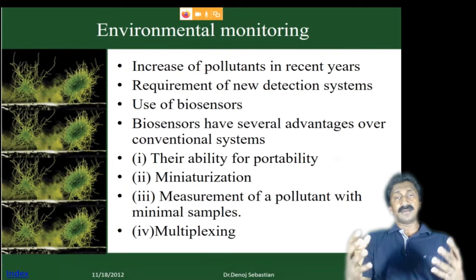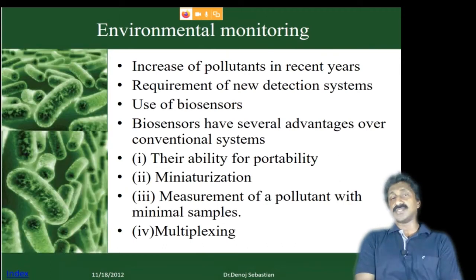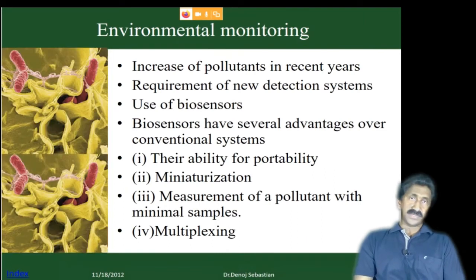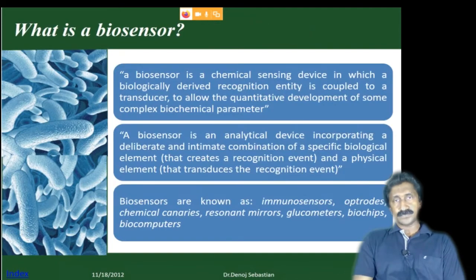These new devices or biosensors can be designed in such a way that multiple target pollutants can be identified using a single system. So multiplexing is also done in the case of biosensors. So these are some of the advantages when you are comparing biosensors over conventional methods.